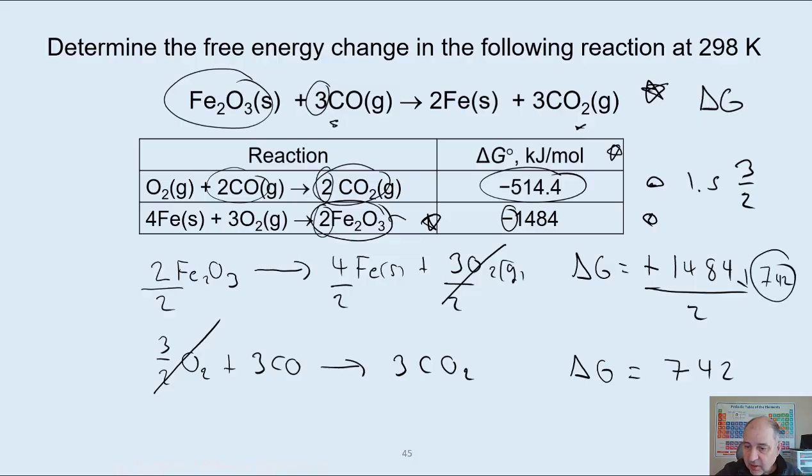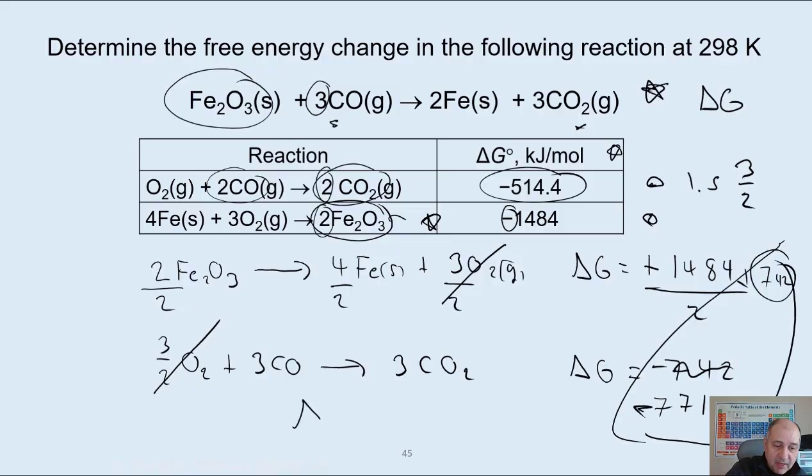This is going to be positive, this will be negative, and this is going to be 771.6. So then all you have to do is add these two up. This is a negative, and we end up with a delta G that's equal to negative 29.6. So still a spontaneous reaction. All right, that's all I got for today.